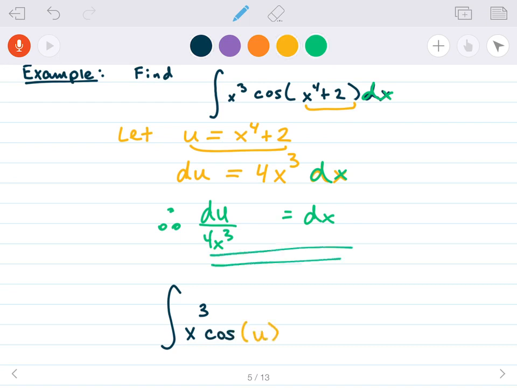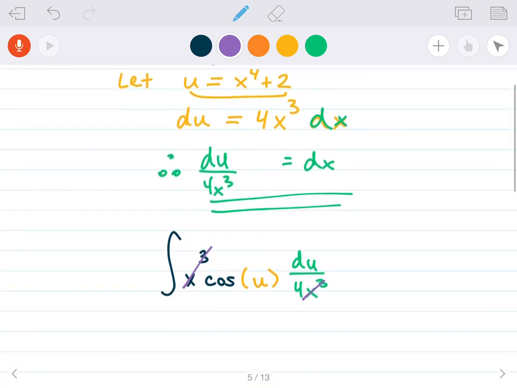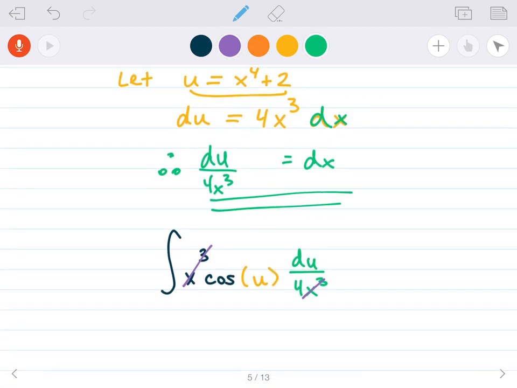Dx is the same thing as du over 4x to the 3. And now I get things that cancel. This cancels with that. And now I'm in one variable. So if you're in one variable, you know you made the right substitution. So this is du over 4, which is the same thing as a fourth du. So I'm going to pull that 1/4 out, leaving everything else on the inside.